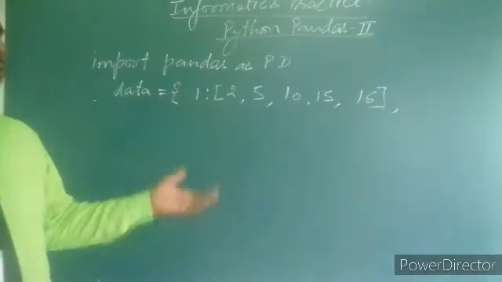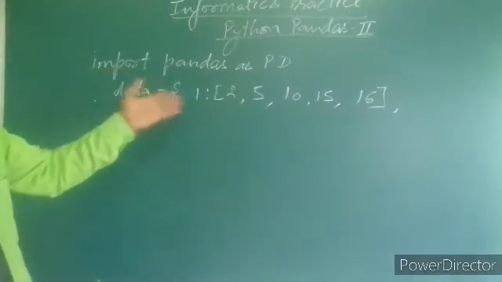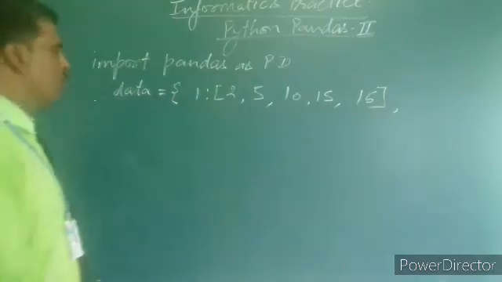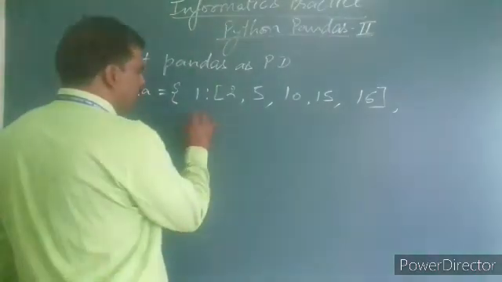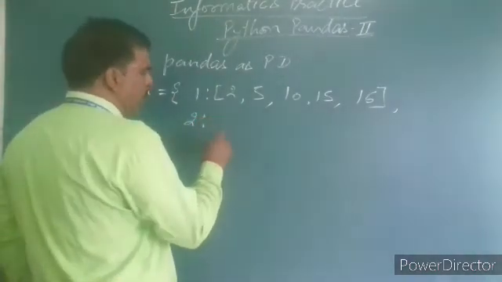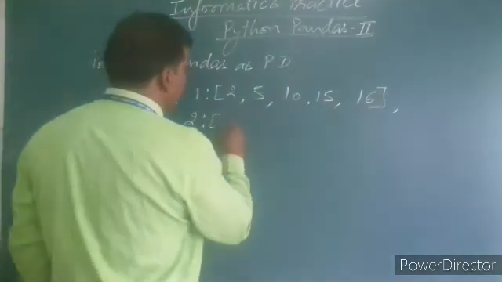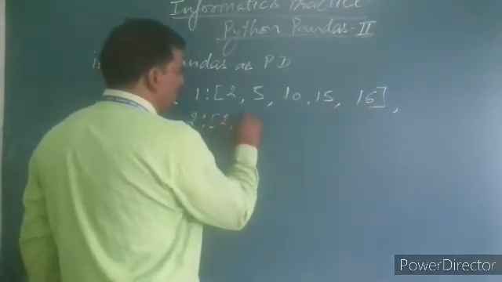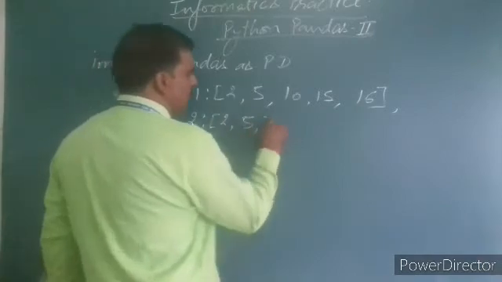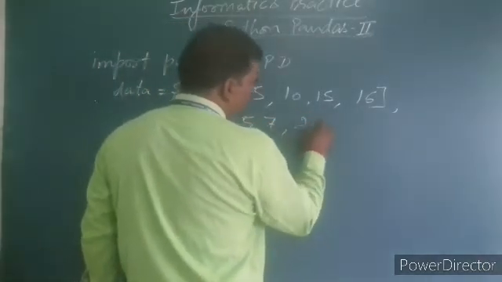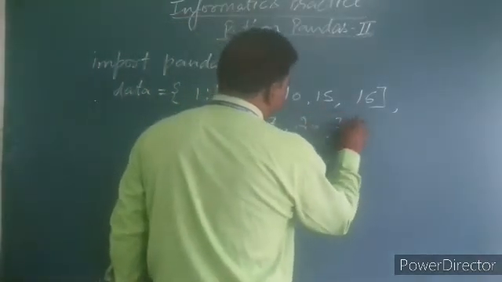Another series, another data frame, if you want to apply you can apply. If you don't want to apply, it doesn't matter, only a series can be applied. After that we are taking the second step. In this step we are taking 2, 5, 7, 20, 30.